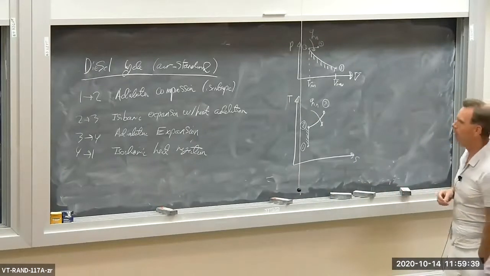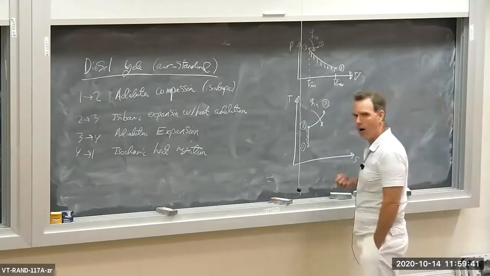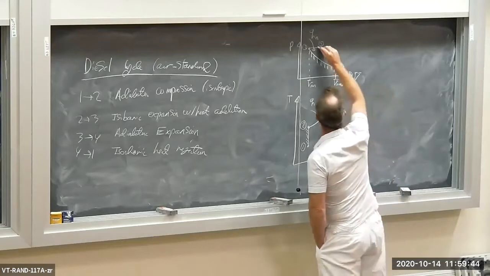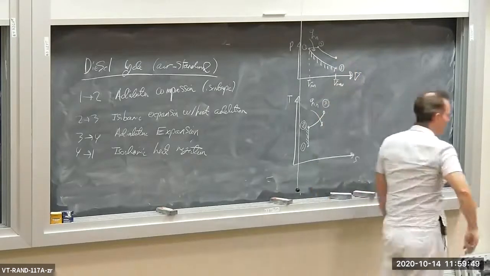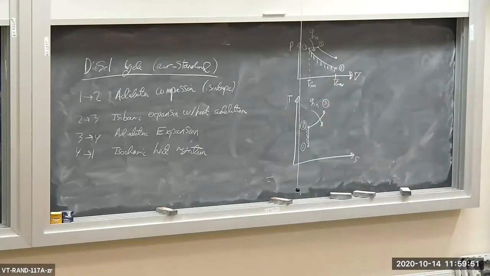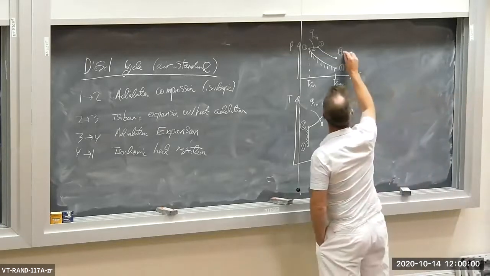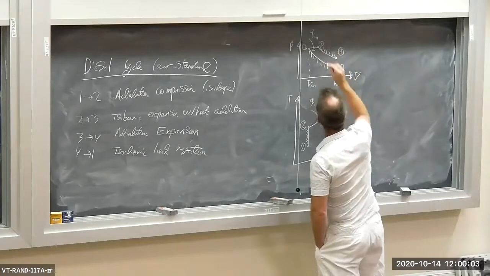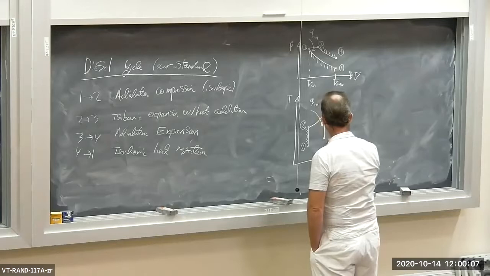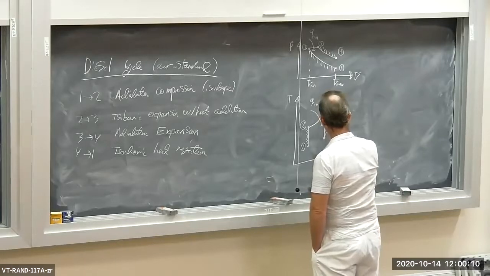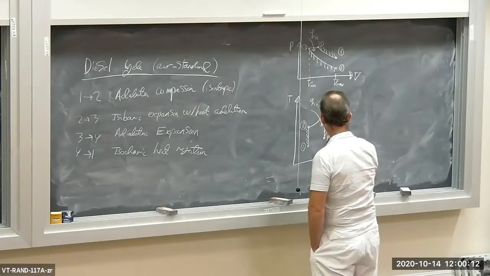Then from 3 to 4, we have adiabatic expansion. We turn off the heat addition, and we allow the products of combustion, or the hot air, to expand out to state 4, and we allow it to occur adiabatically. If it's adiabatic and reversible, it's isentropic. So on the TS diagram, we have a movement vertically down, constant entropy, down to state 4.